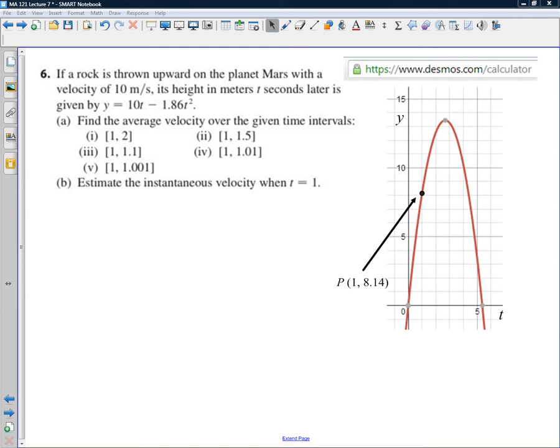So let's calculate some slopes of, not the tangent, because we can't do that because we only know one point, but we can get some other points on the curve and calculate some secants. So let me bring up the calculator.